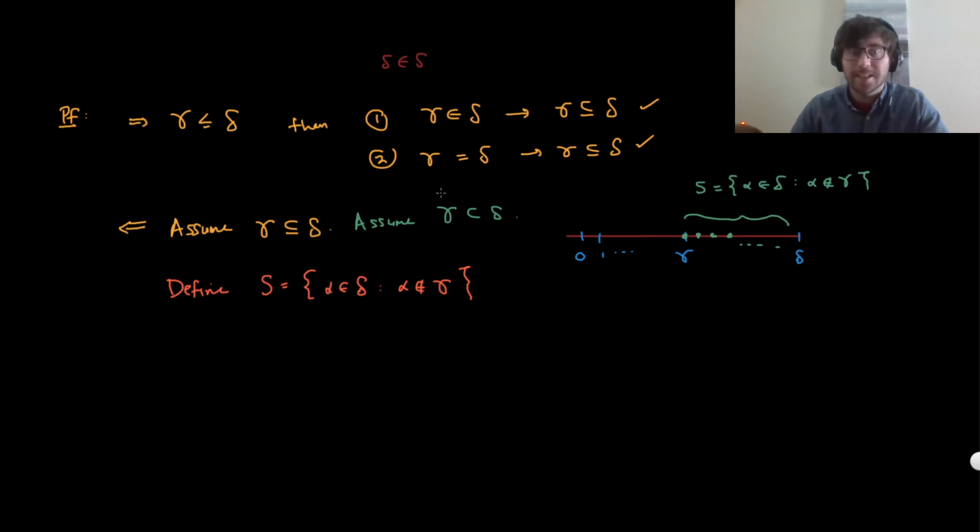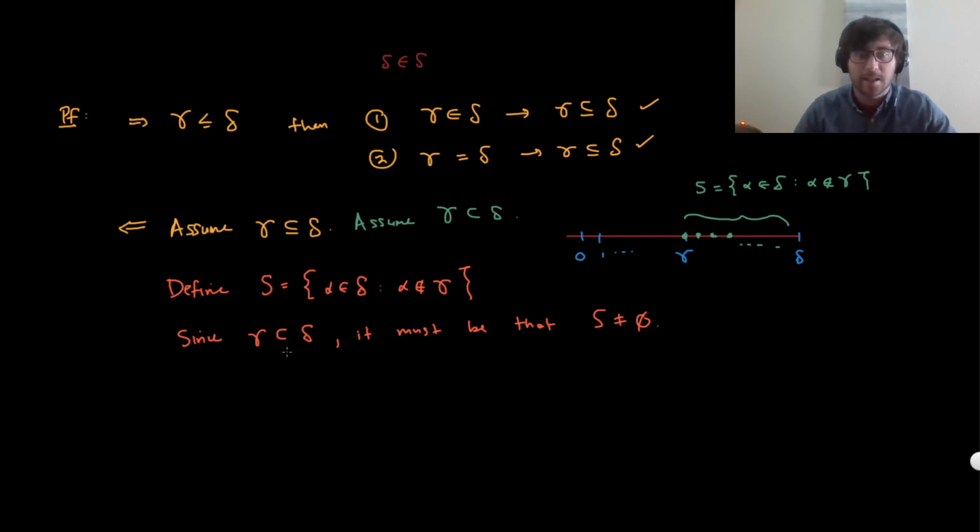Since gamma is a proper subset of delta, it must be the case that S is non-empty. Just writing out the definition of what it means to be a proper subset: there's some element of delta that's not in gamma. That's just what being a proper subset would mean.